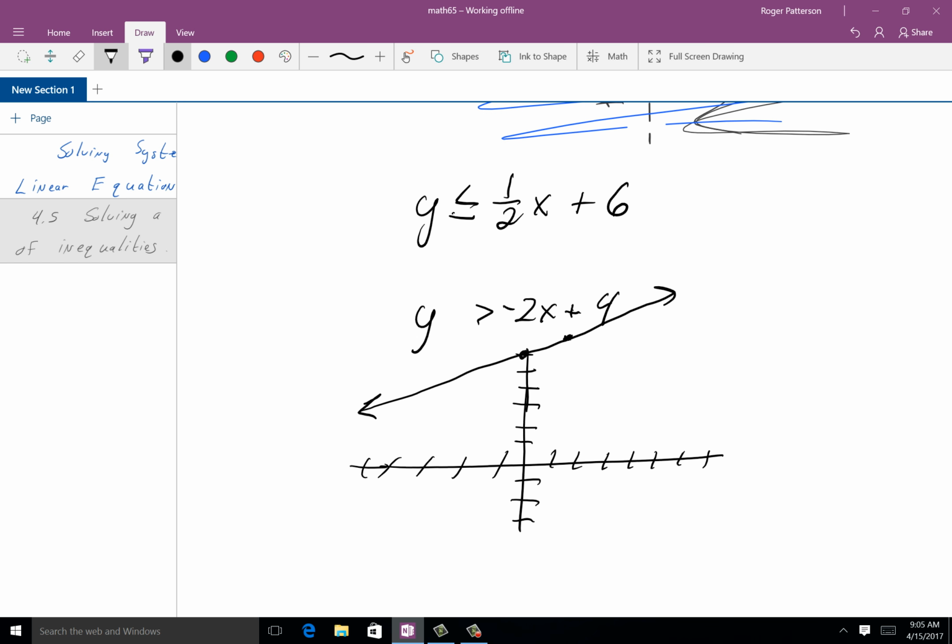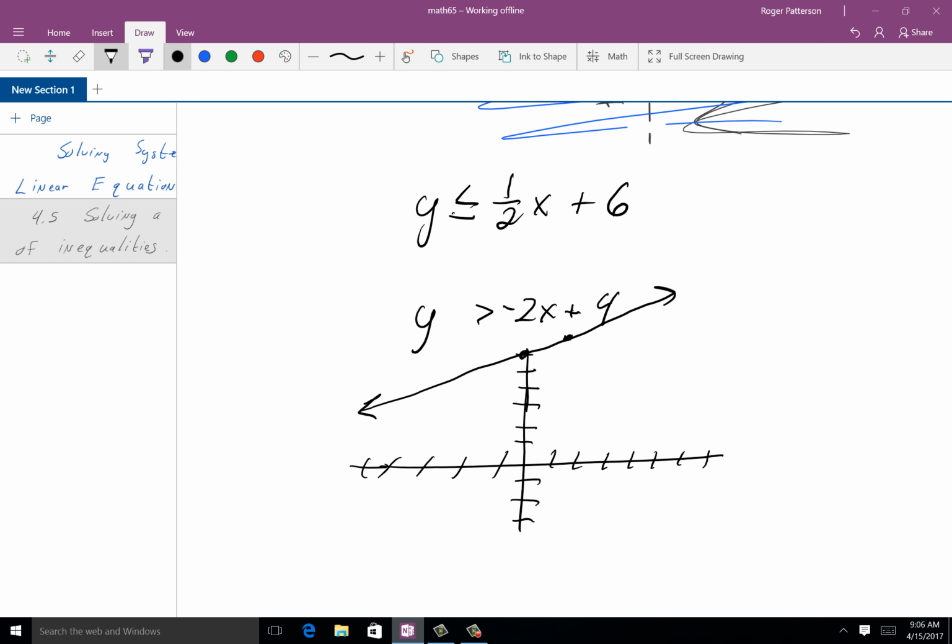To figure out which way you shade it, you could pick a point, probably 0, 0, substitute 0 and 0 into the equation and see if it was true or not. Does that ring a bell? Yeah. You can do it that way, or you can just read the equation.